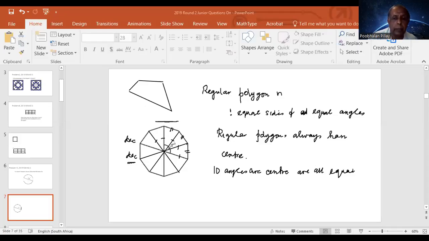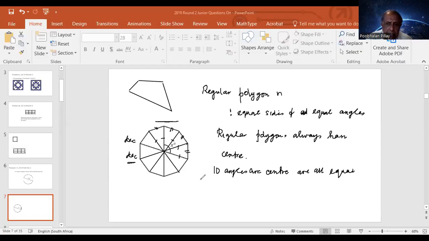I presume you know about congruent triangles now. Congruent means they're identical. These triangles are all identical, because if you cut each of these triangles, you can place it exactly on the other one. So they're identical, and therefore the angles will be the same. But there are 10 angles here in the center.